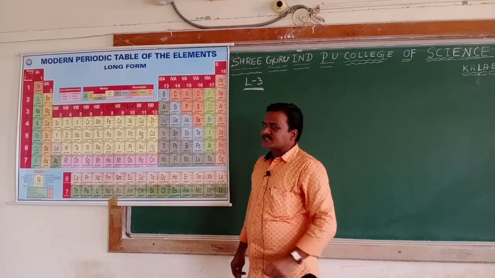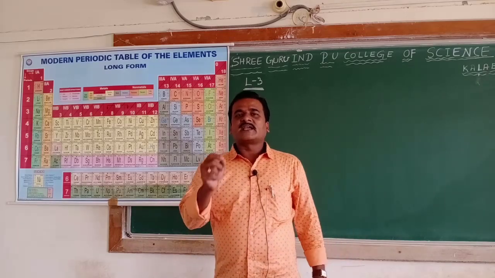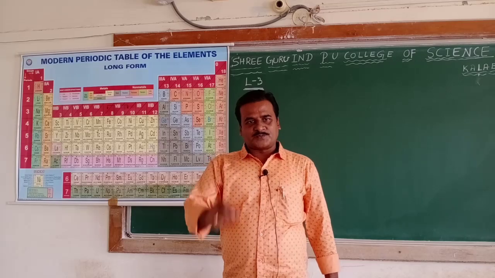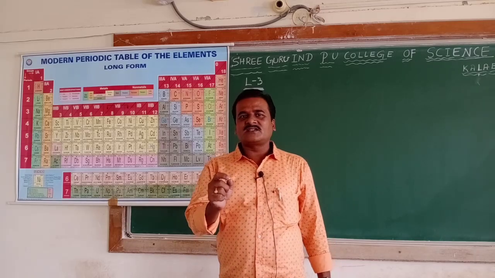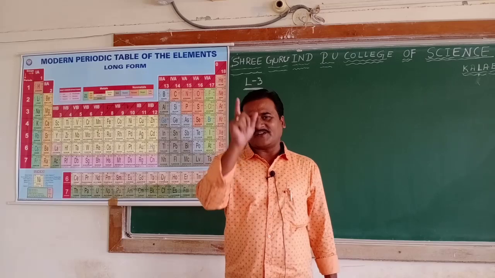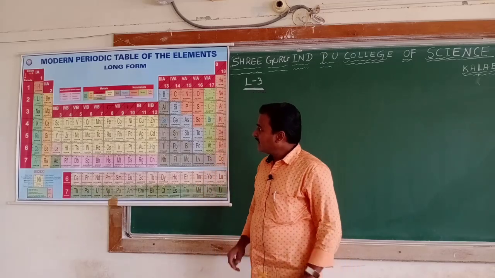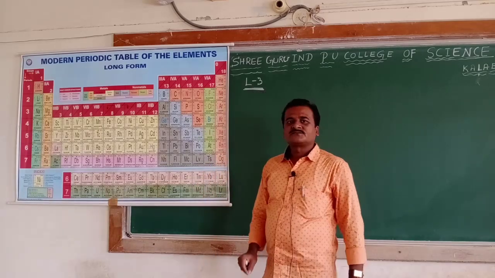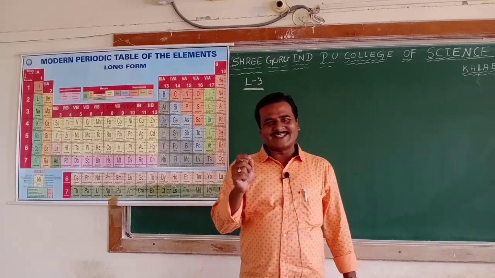Regarding the characteristics of a group, the elements belonging to each group possess a common electronic configuration. Second point, as you go down the group, the atomic radii increase.